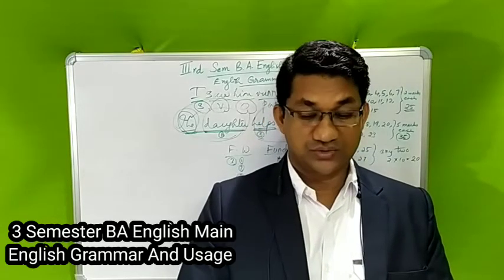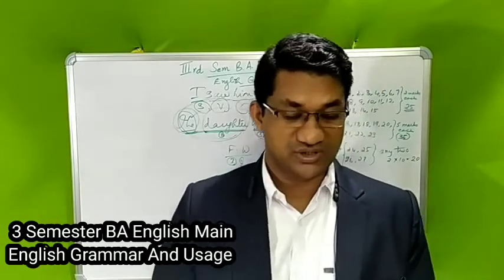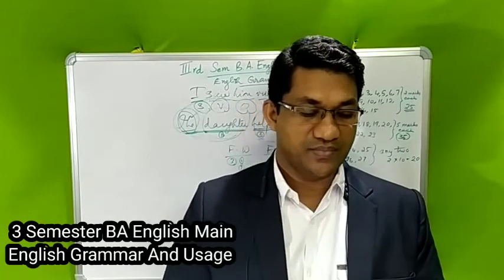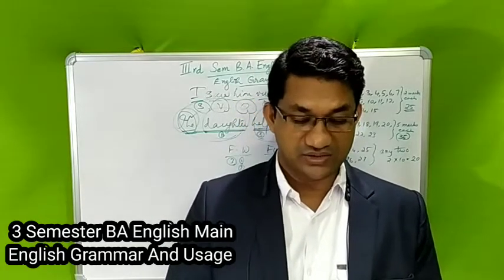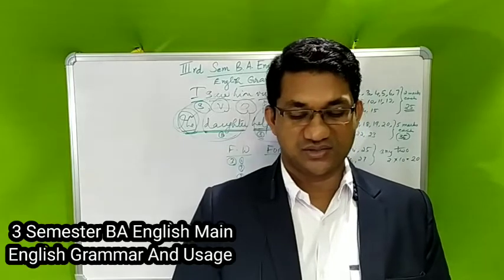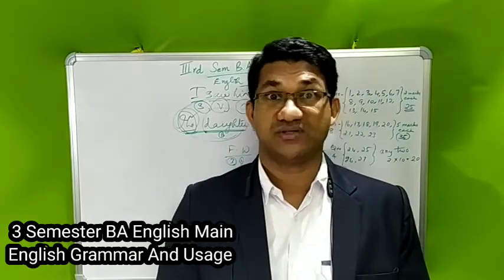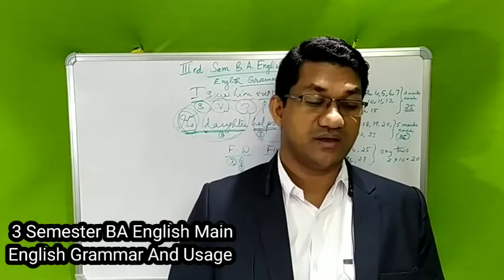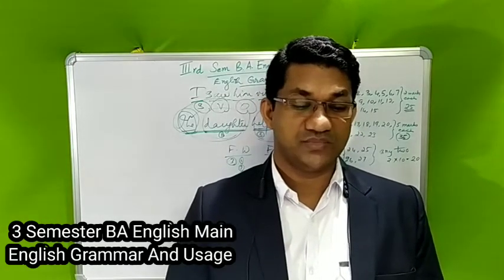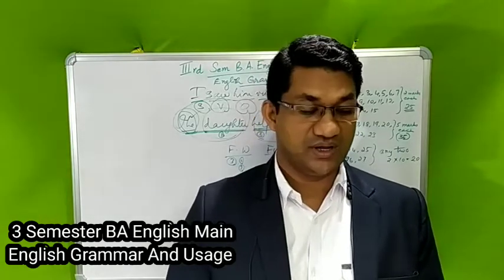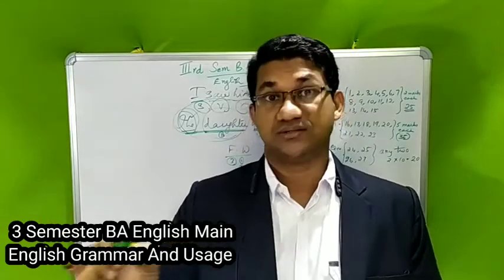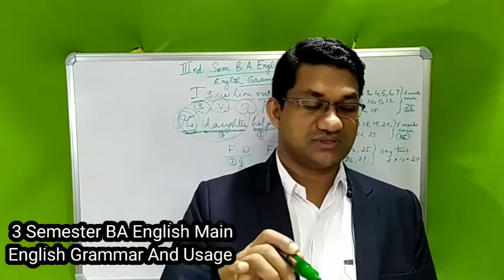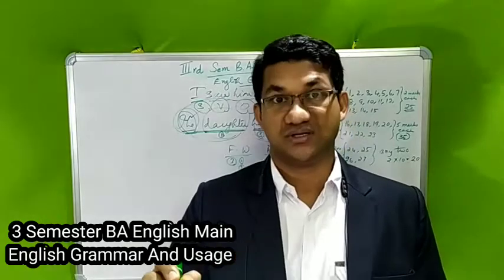Now we move on to the 14th question in section A, questions that carry 2 marks. Identify the tense in the following sentence. Sentence A: She has been trying for a job since January. She has been trying, so it is present perfect continuous.